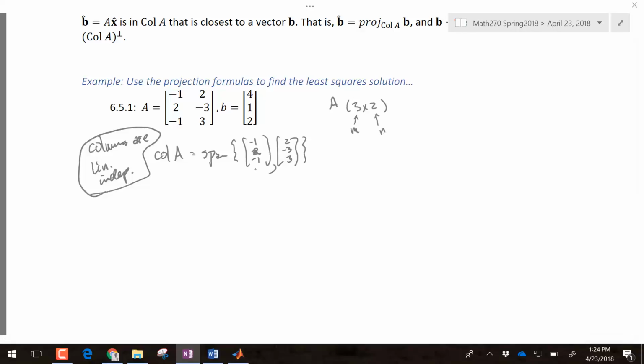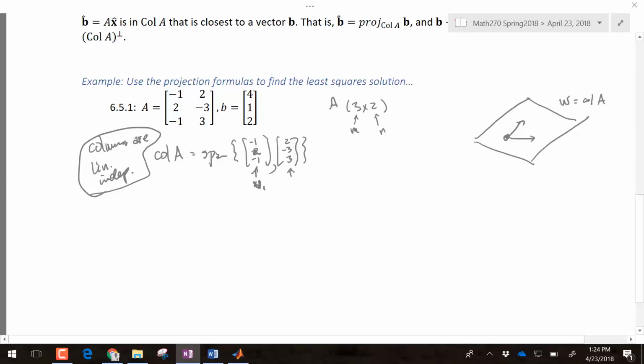So we can imagine our W, which in this case is the column space of A, being spanned by these 2 vectors. Let's call them V1 and V2.